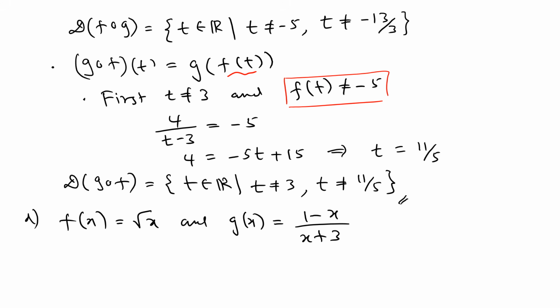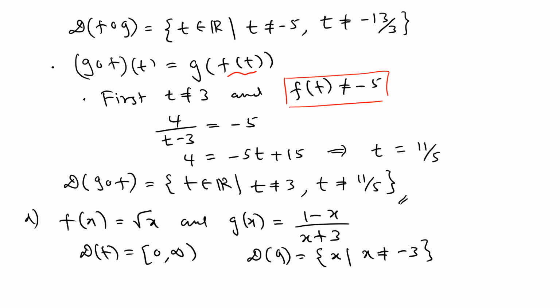We have a square root and a rational function. So the domain of f is 0 to infinity, and the domain of g, coming from the denominator, is x such that x is not equal to -3. Okay, so those are the two domains.